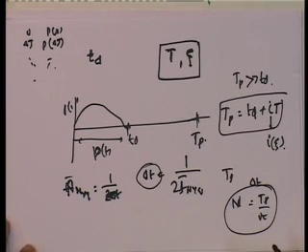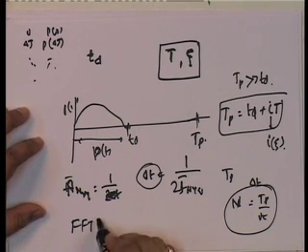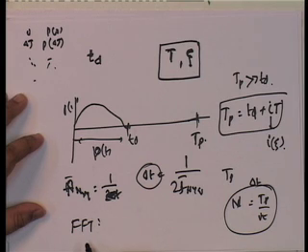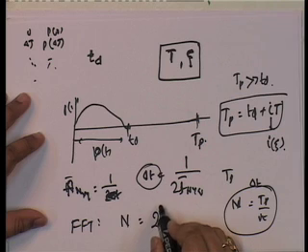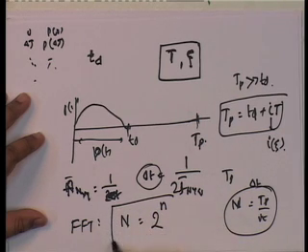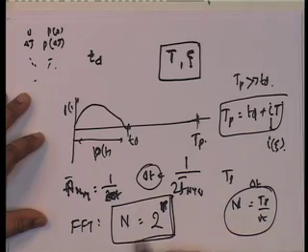Now, I just want to end with the fast Fourier transform. The fast Fourier transform is nothing but the discrete Fourier transform, where n is a power of 2.